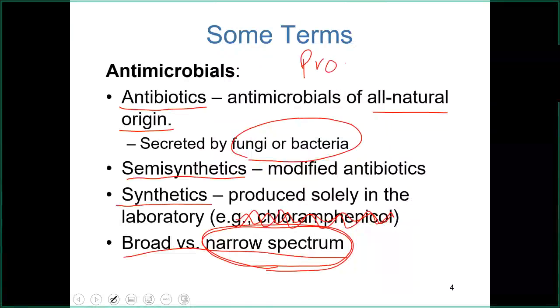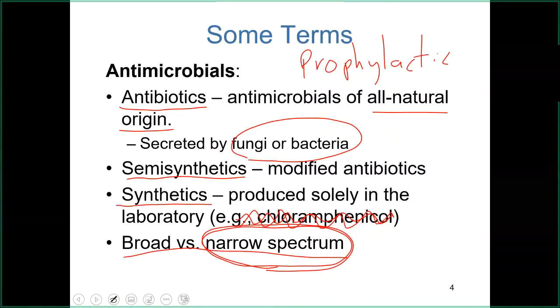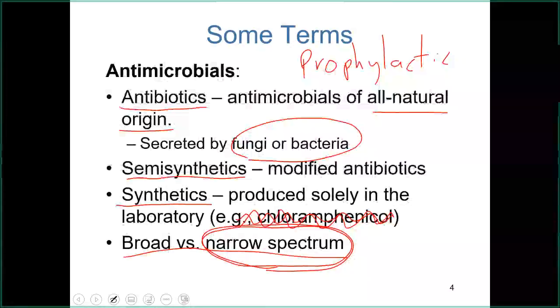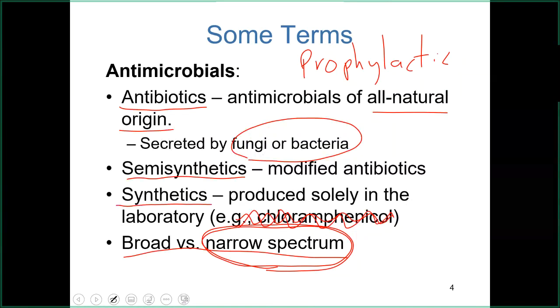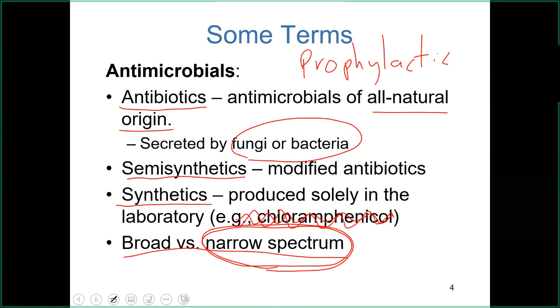Well, a prophylactic dose of antibiotic will be something that a person would take essentially in small amounts every day to basically prevent them from becoming infected again. And I guess some of those drugs might be considered broad spectrum. I don't know, that's a controversial practice.